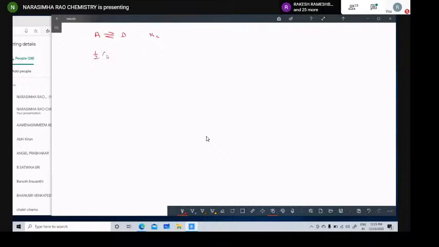Now 1/2 A is in equilibrium with 1/2 D. This is Kc dash. What is the relation between Kc and Kc dash? My first option is Kc equal to Kc dash. My second option is Kc equal to Kc dash square.